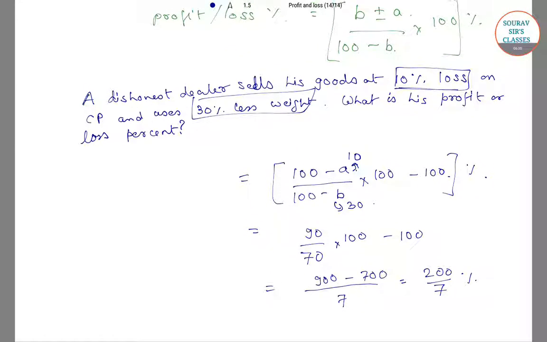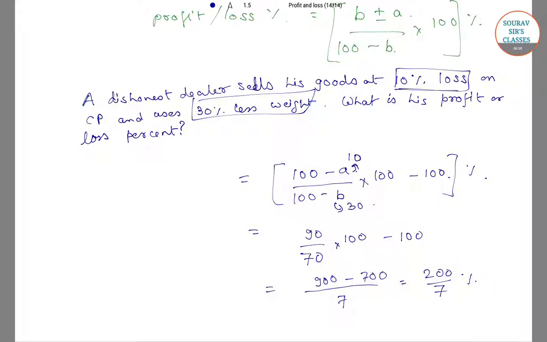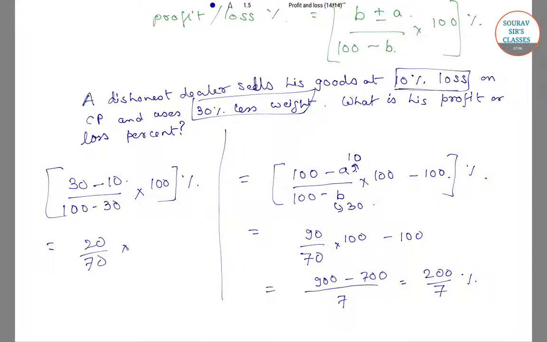We can also solve this by using the above formula. Here our B is 30. There would be a minus since there is a loss, so minus our A, which is 10, divided by 100 minus B, this is 100 minus 30, into 100%, which is equal to 20 by 70 into 100%, which is equal to 200 by 7%.